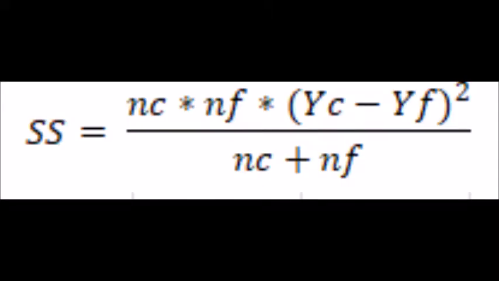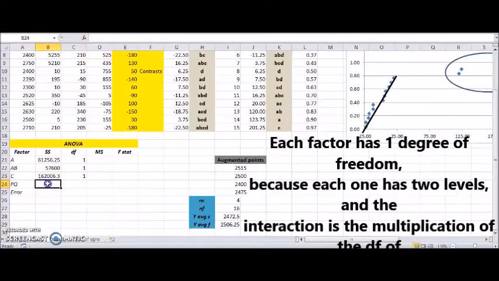After we have finished calculating the sum of squares of our significant factors, we'll have to check for the sum of squares of the pure quadratic term, which is calculated using this formula.